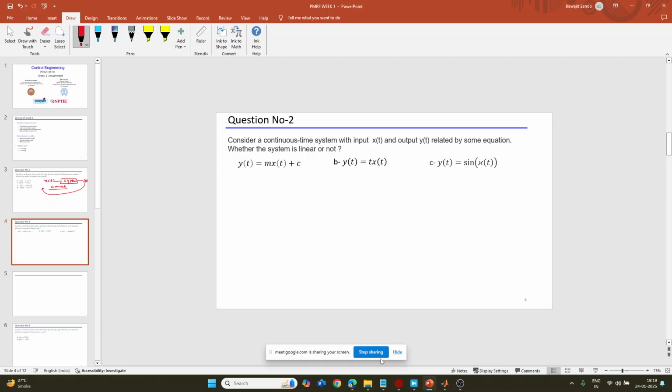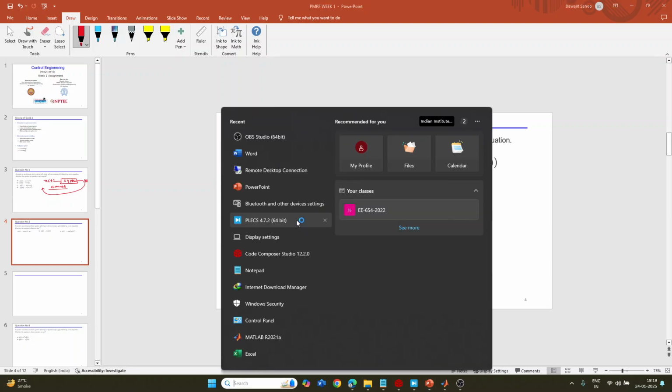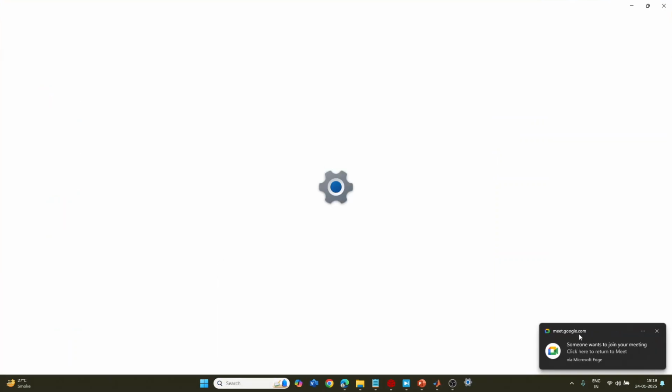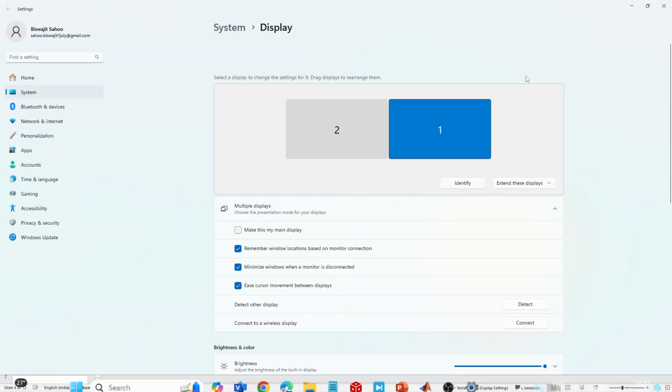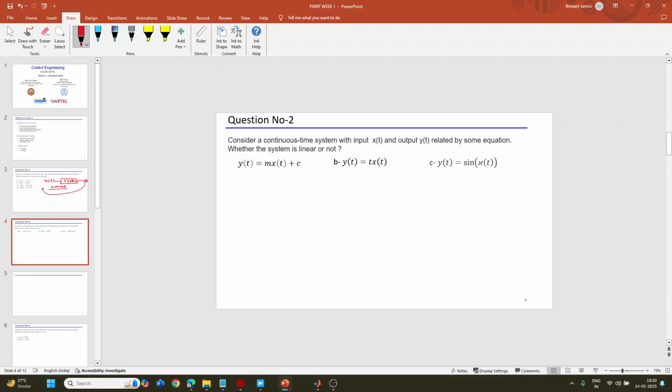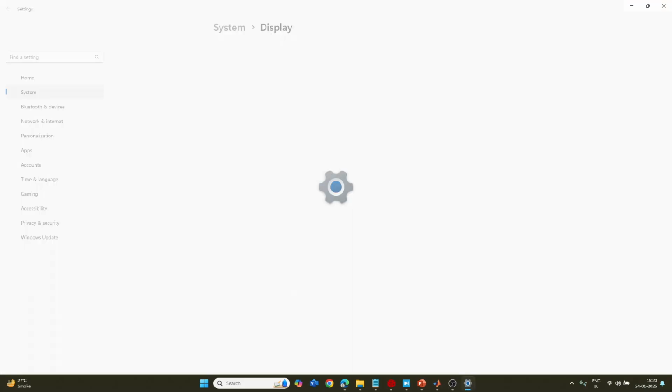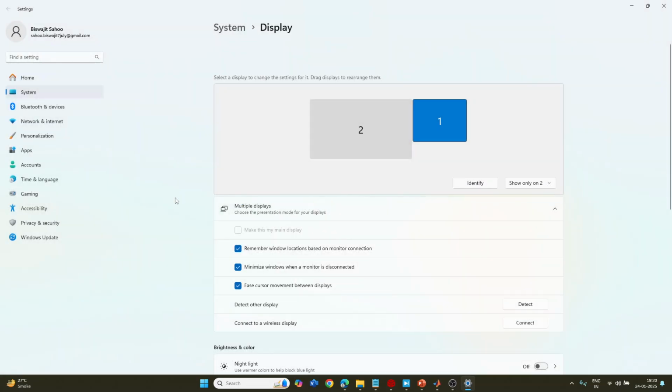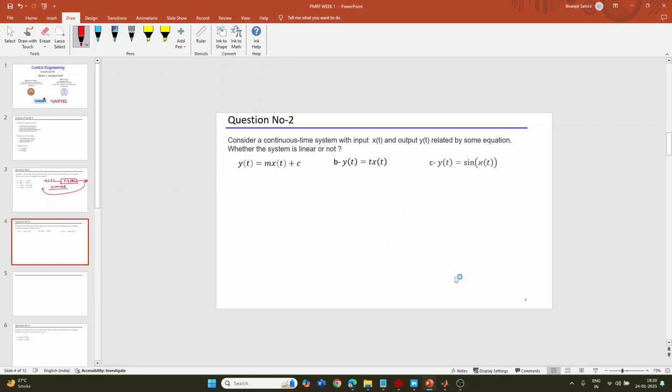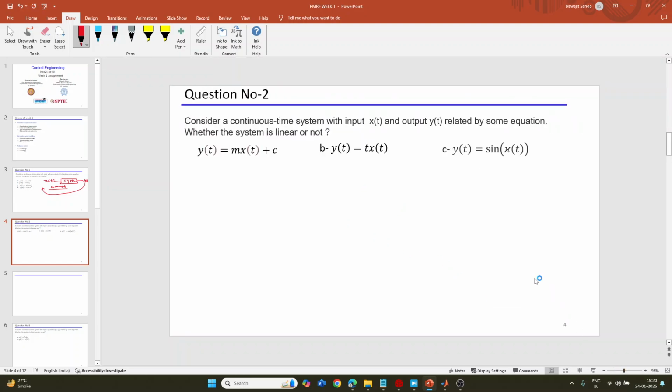If I do like that, I am not able to write anything. Is the screen visible now?